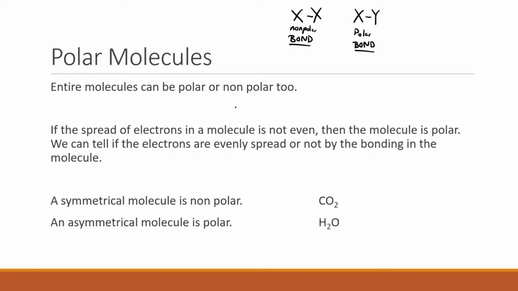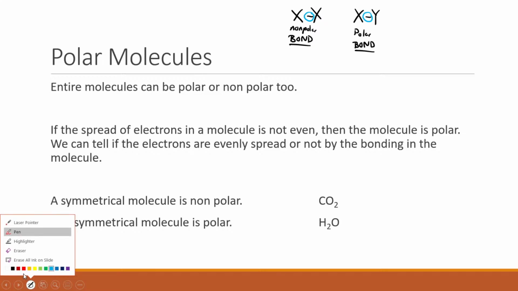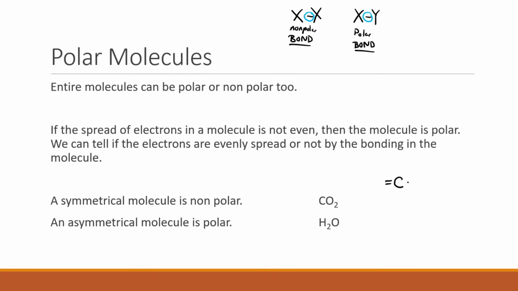When we look at molecule polarity, we're zooming out. We're not just focusing on one piece. We're not just focusing on one bond. We are focusing on the molecule as a whole. And when we focus on the molecule as a whole, what we're looking for is symmetry.